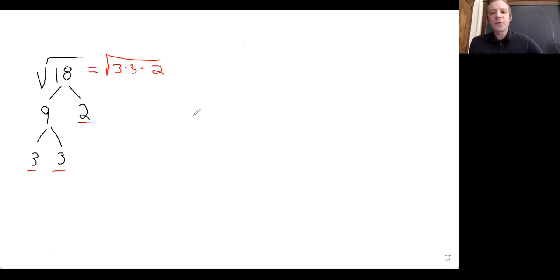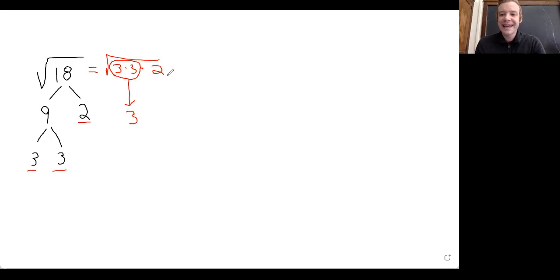And what we are looking for is a pair of the same number. We are looking for 2 of the same number here. So in this case, I see that I have 2 3s. So I'm going to circle those 2 3s. And this is going to make 1 3 outside of our square root, because 3 times 3 is 9, and the square root of 9 is a regular 3 with no more square root.